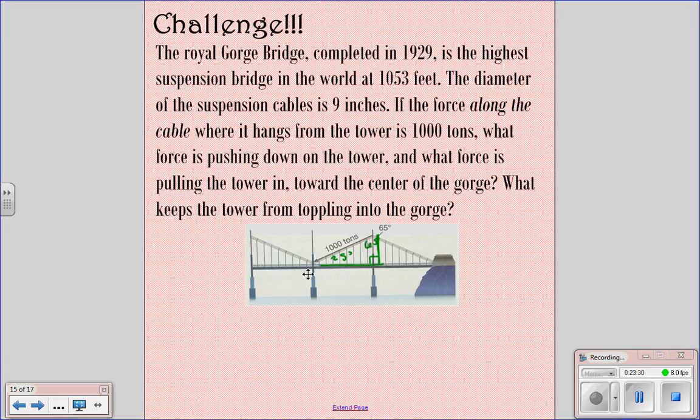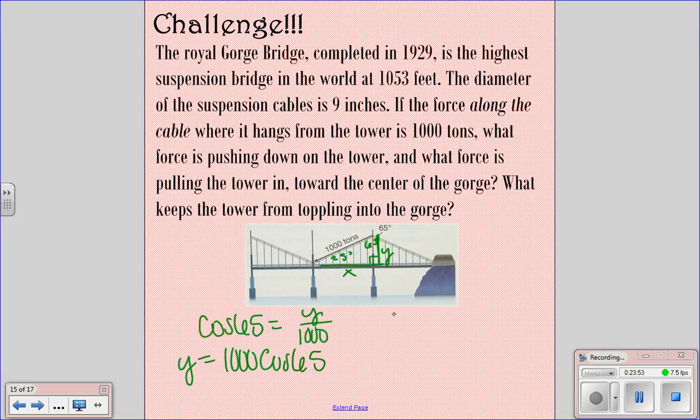If you use the 65, the cosine of 65 is going to be y over 1,000. So our y is going to be 1,000 cosine of 65. And then the sine of 65 is going to be x over 1,000. And so the x would be 1,000 sine of 65.